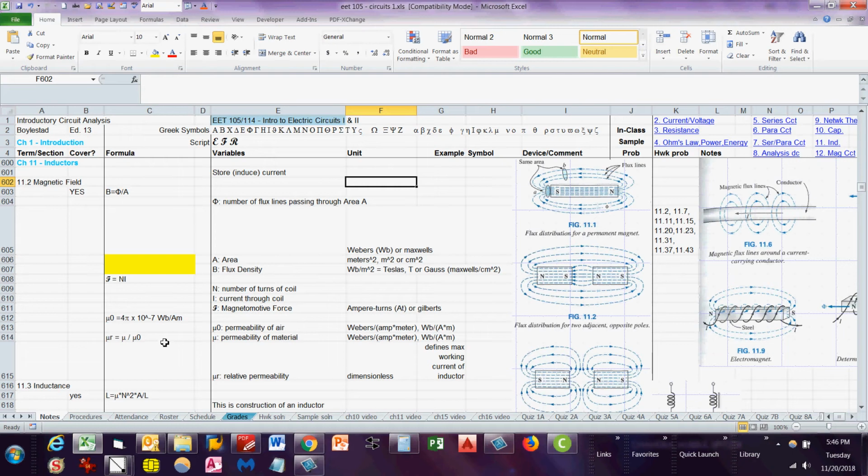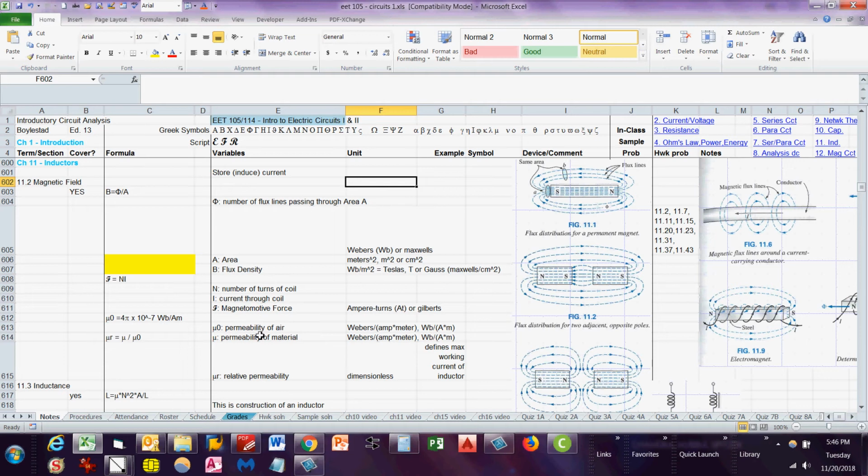Then you have the permeability, which is like the permittivity of a capacitor. Mu 0 equals 4 pi times 10 to the negative 7th Webers per ampere-meter. That's A-m.